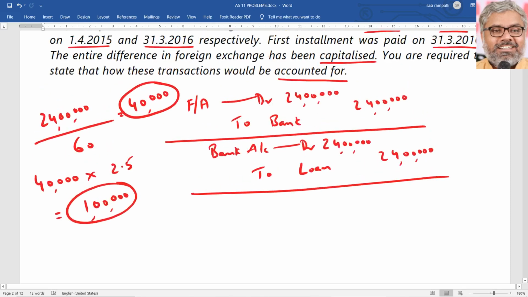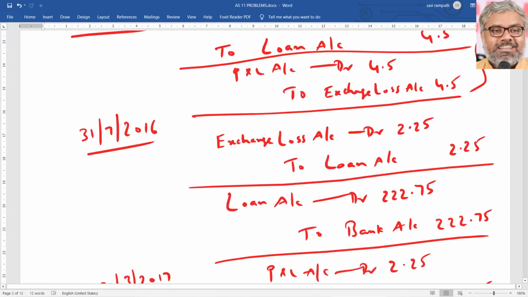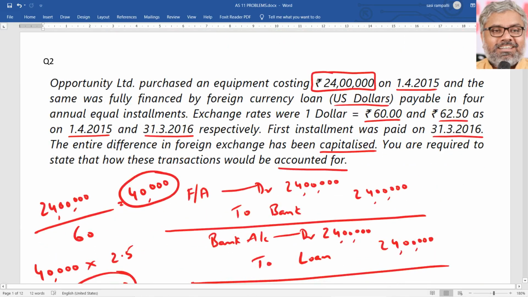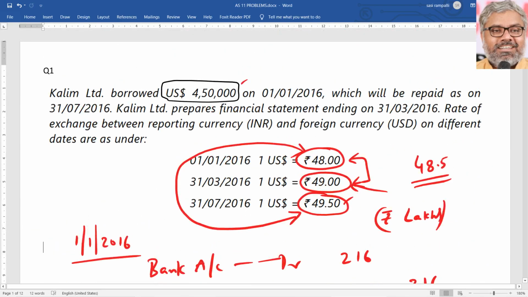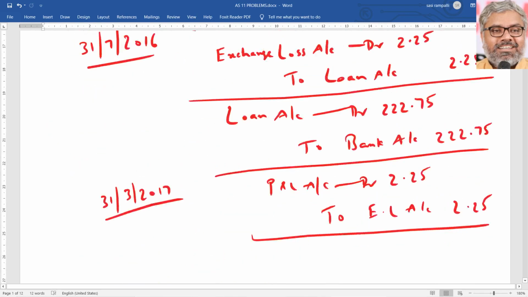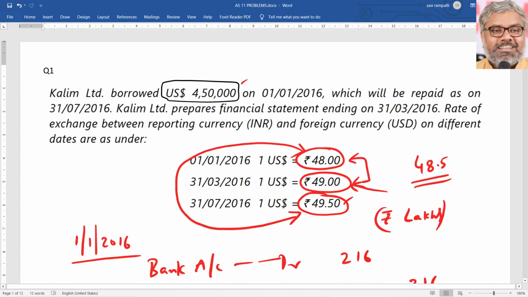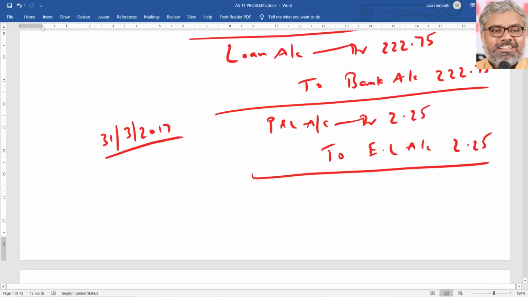The question is about this exchange difference, how to treat. Earlier, we have treated that exchange difference or loss as income or expenditure and charged off to P&L. That was the choice also there for the organization, because this was nothing to do with acquisition of any depreciable asset. So here there were only two choices in the first scenario. First possibility is P&L account, second possibility is FCMITDA account.